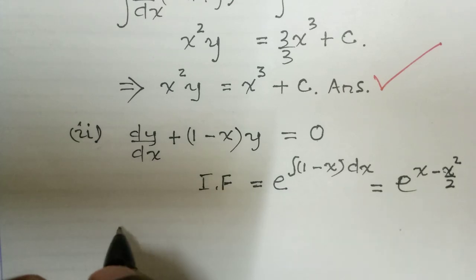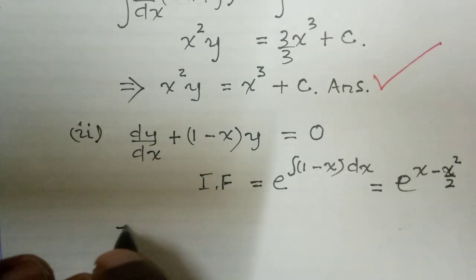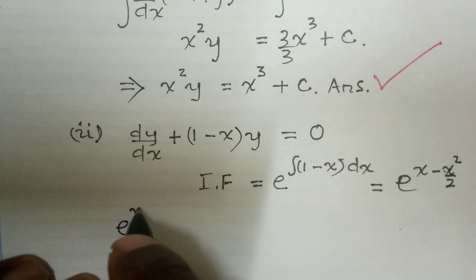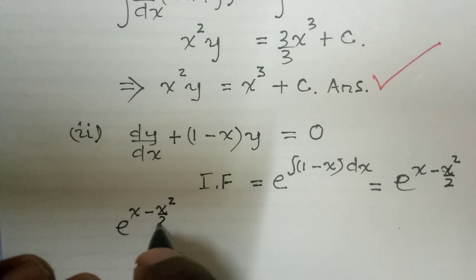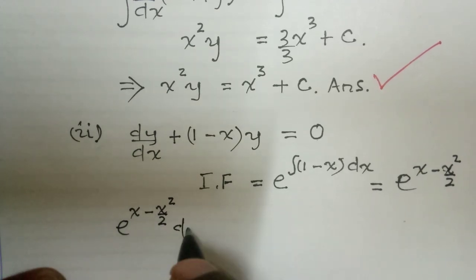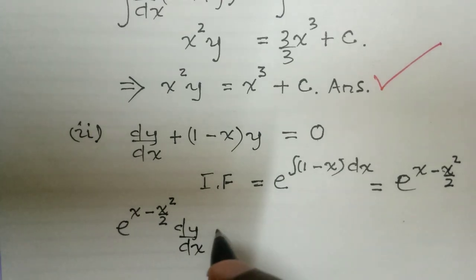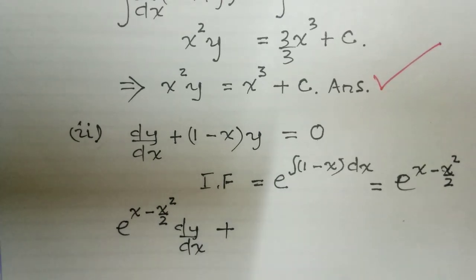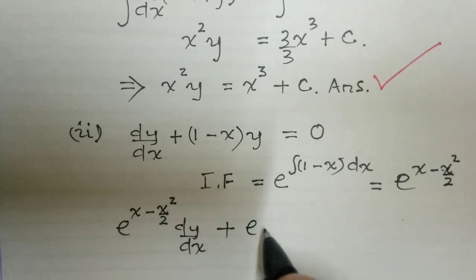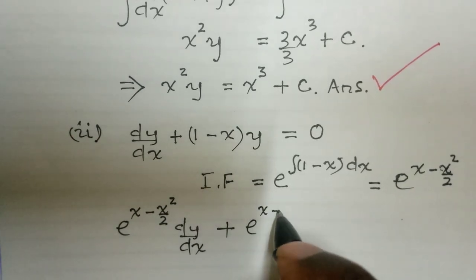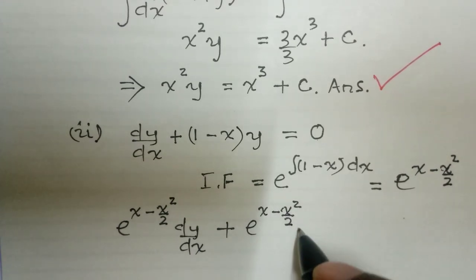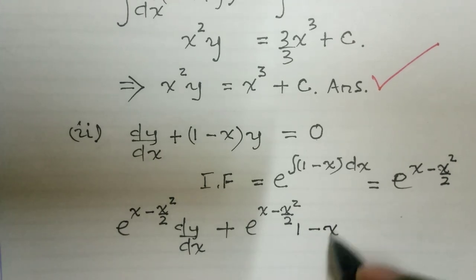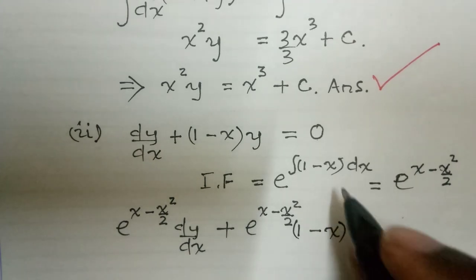So we start here, we say e raised to x minus x squared all over 2 multiplied by dy over dx, plus, you multiply here, e raised to x minus x squared all over 2, then (1 minus x) y.